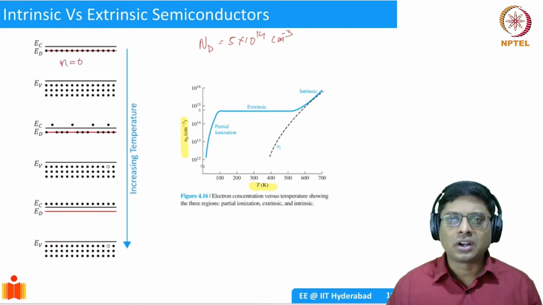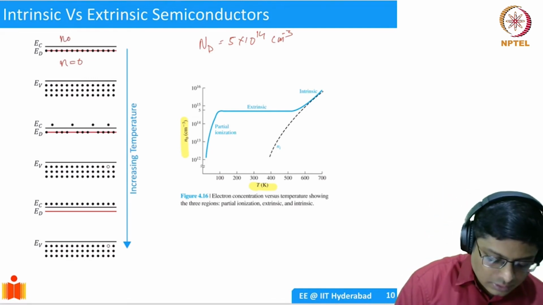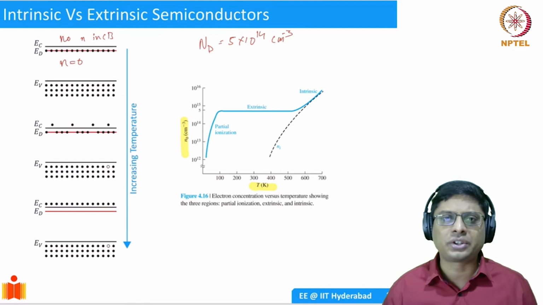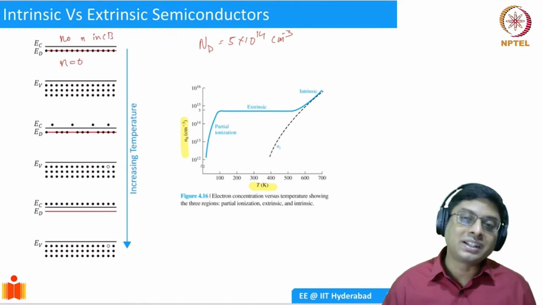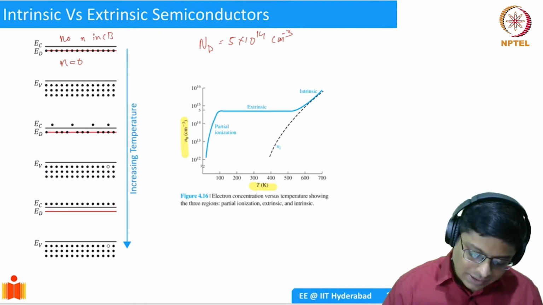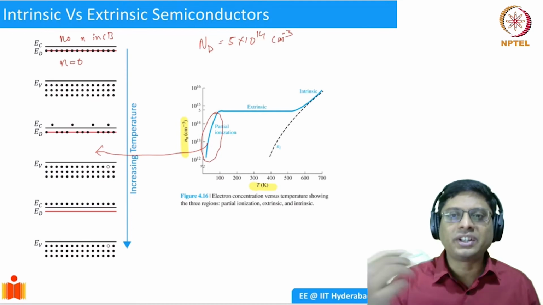The reason is all the donors are not ionized and electrons are all in the valence band. There are no electrons in the conduction band, so there's no carrier concentration at all. n is 0. But as you increase the temperature, you start seeing donor ionization happening. This part is what we called partial ionization: as the temperature increases, slowly the electron concentration increases.